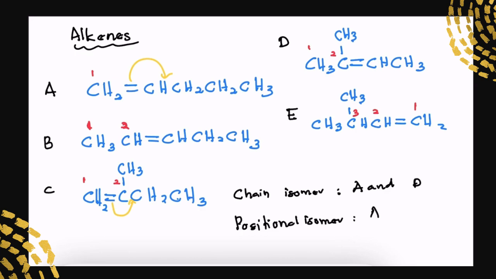Maybe A and B. D and E are also an example of positional isomers. What about the functional group isomer? Give me one example. You can take A and G, one alkene and another one cycloalkane.